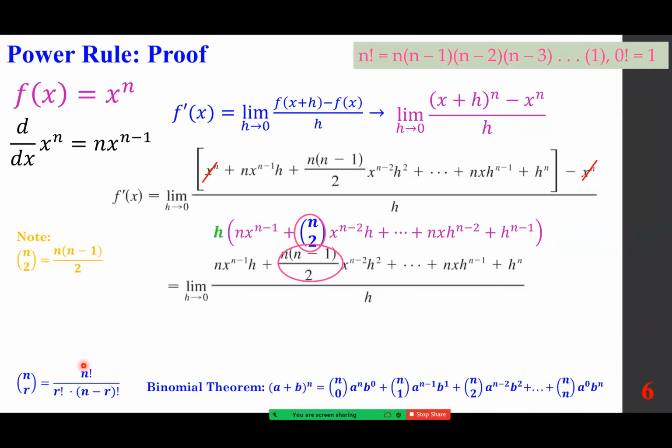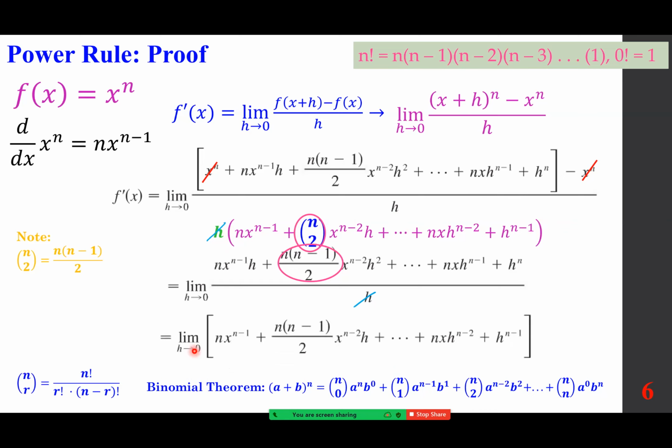And so now we can cross the h out from here and here. And we are left with what's inside this parentheses in red.